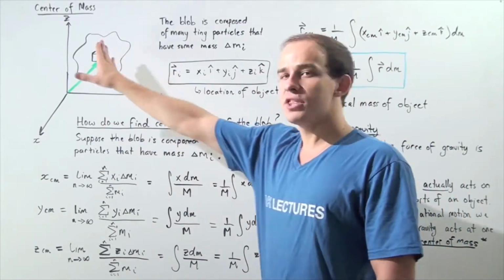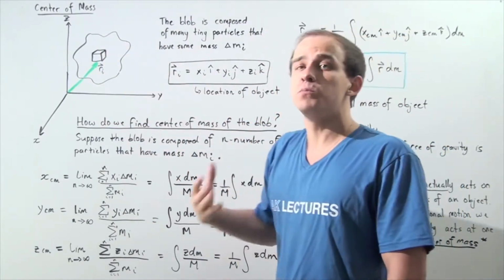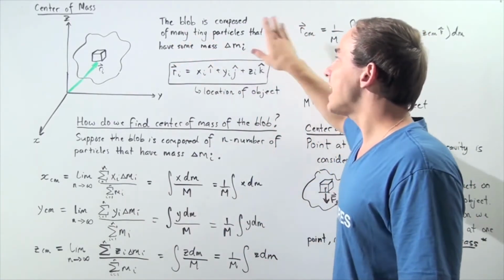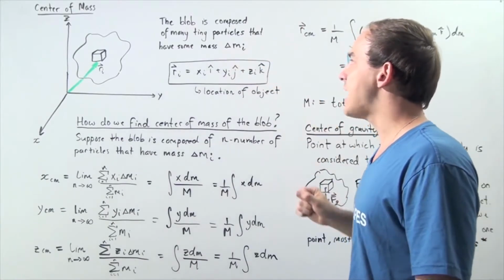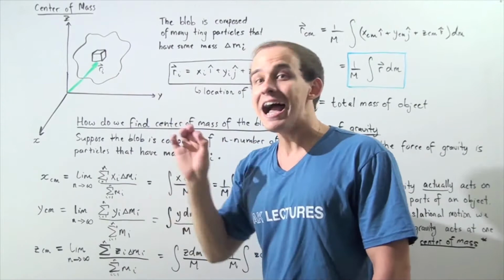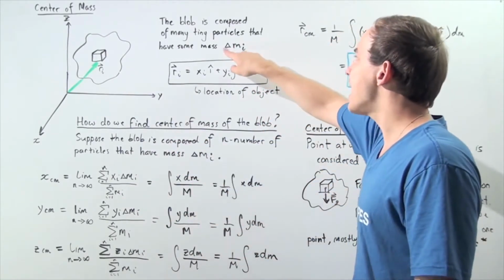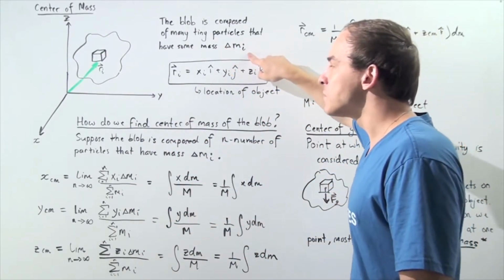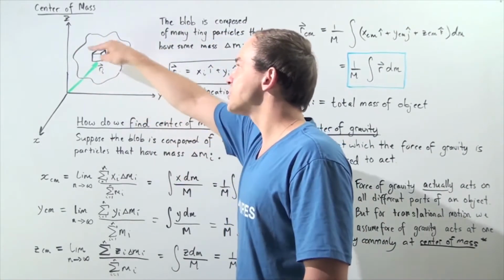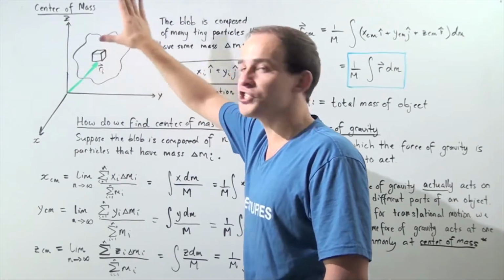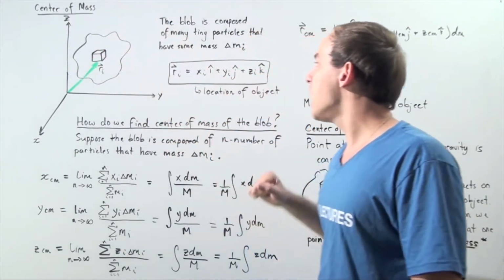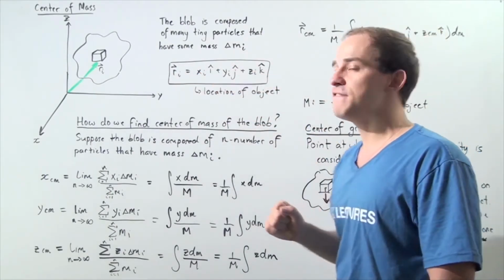Now let's suppose this blob can be broken down into many tiny square particles that each have a mass of change in m. So for example, this particular tiny particle, the ith tiny particle, has mass change in m_i. And the location of the center of mass of this particular tiny particle that composes this blob is given by the following vector.